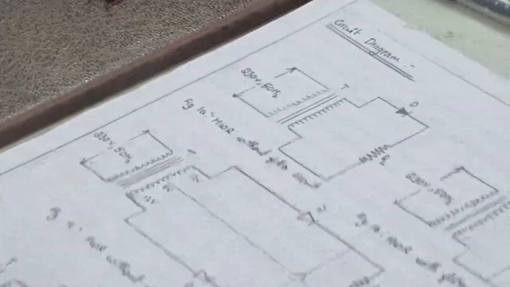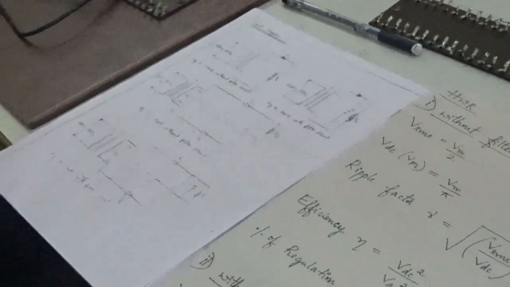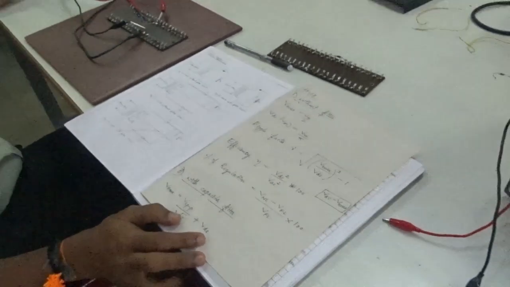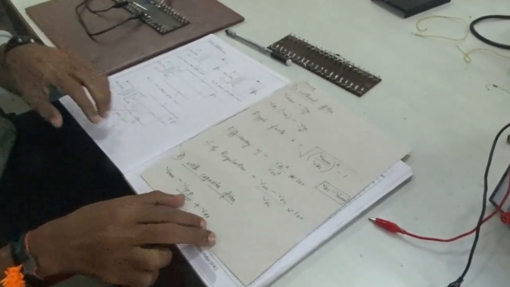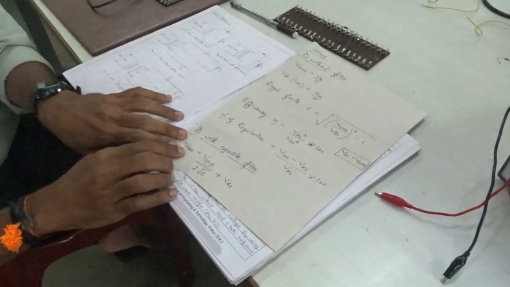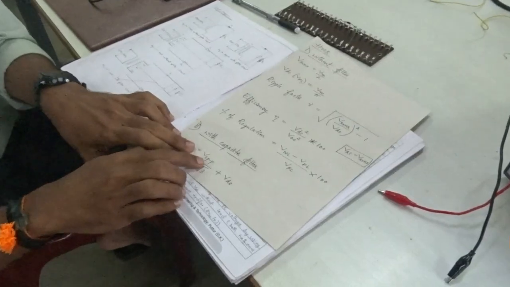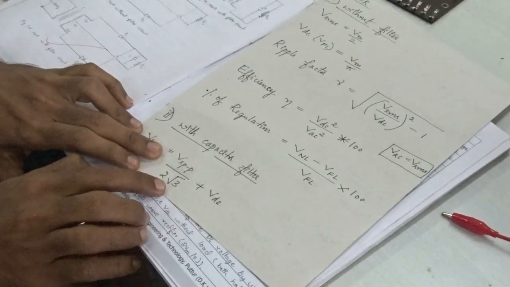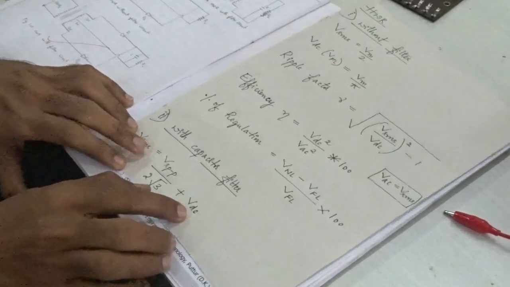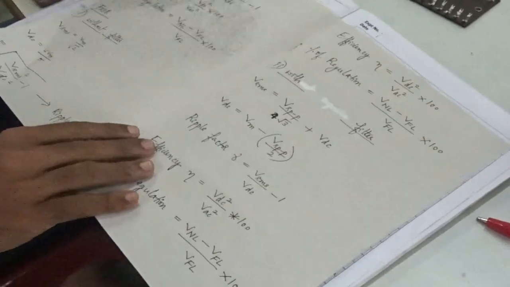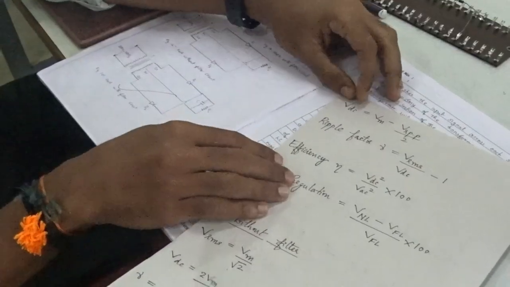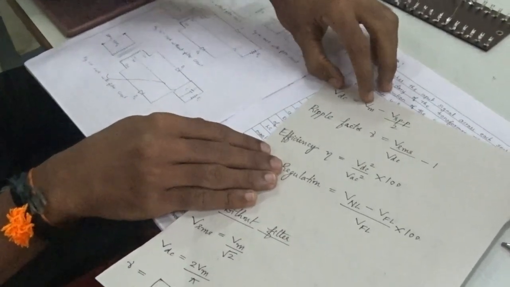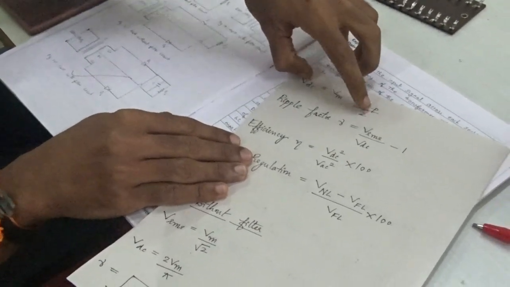After noting down this V peak to peak, which is the peak to peak voltage of the ripple, and also the maximum voltage, you need to find out first the RMS voltage using the formula VR peak to peak divided by 2 into root 3 plus VDC, and the value of VDC can be found out using the equation Vm minus VR peak to peak divided by 2.